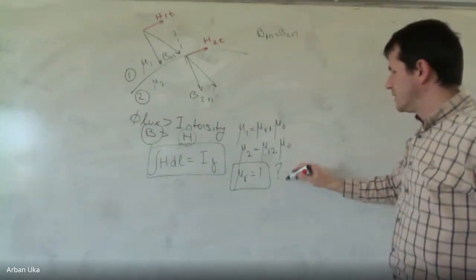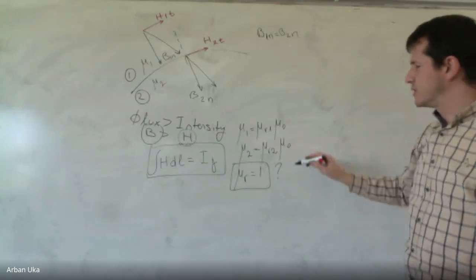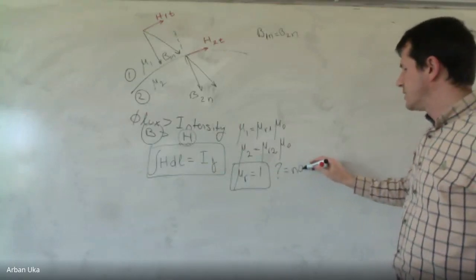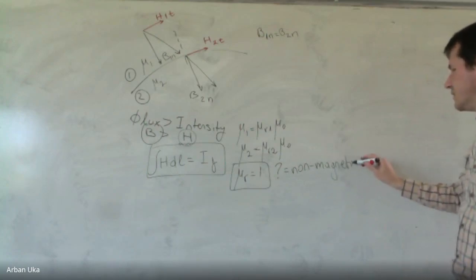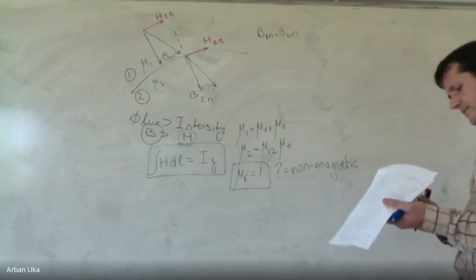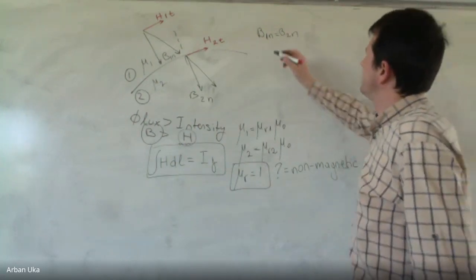So this material, if mu r is equal to 1, that means that the permeability is equal to mu0, which makes this one non-magnetic.